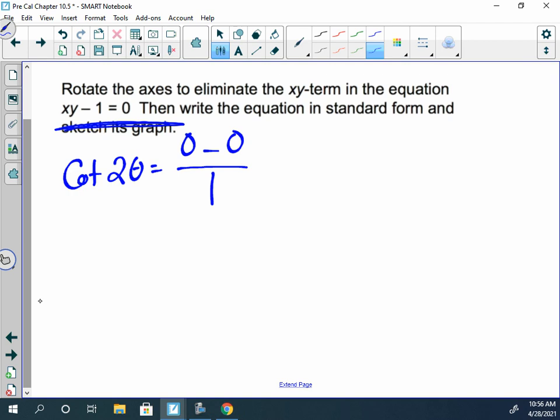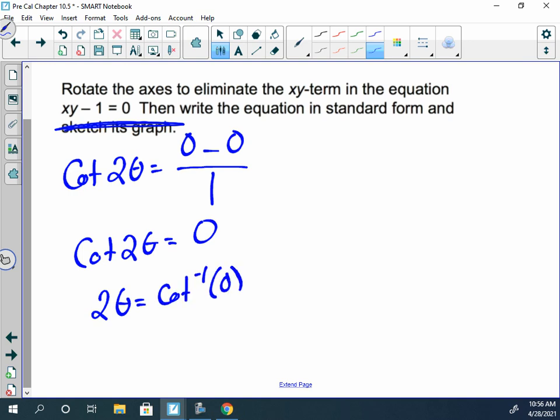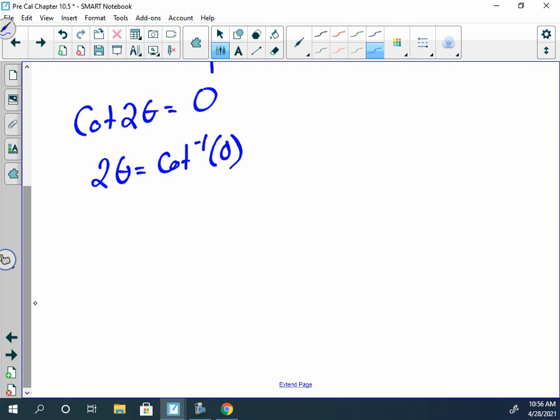Now at this point we do need to solve this. So cotangent of 2 theta is equal to 0 over 1. Almost, because we've got to take cotangent inverse first. Now cotangent of 0, because tangent's the same as 1 over cotangent.